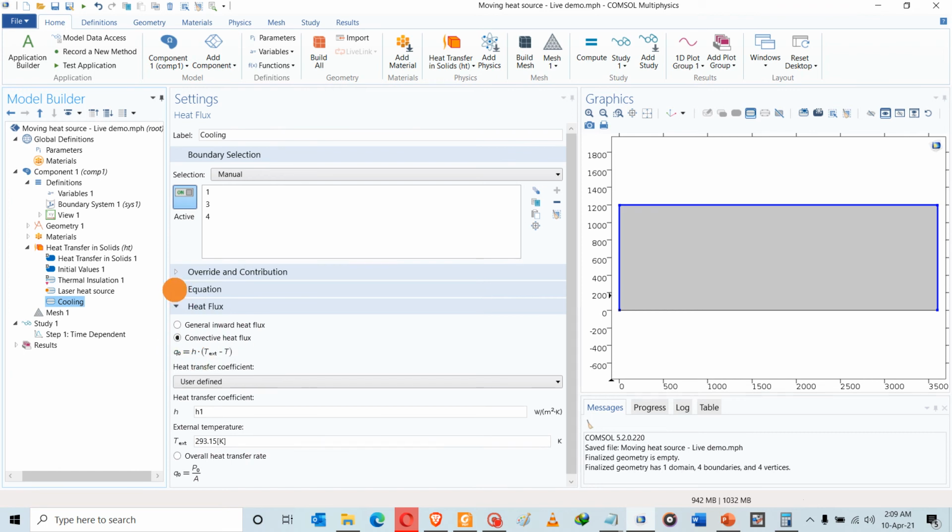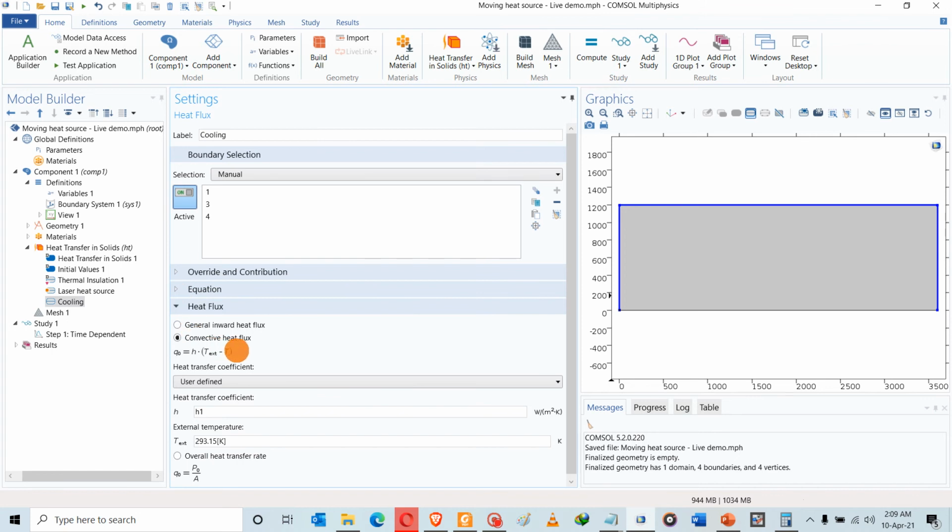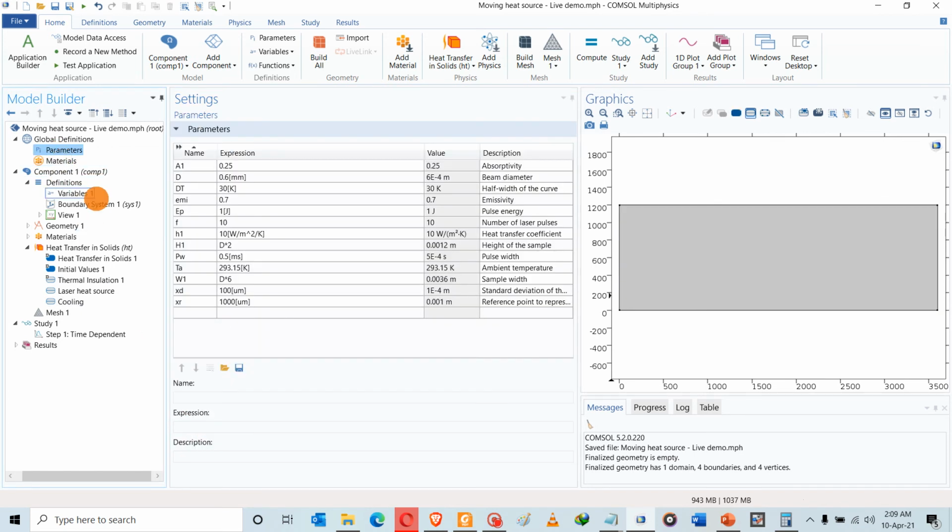The beauty of COMSOL Multiphysics is that it has all the equations here, and you won't have to be guessing what the equations are. There's a general heat flux there, a heat transfer coefficient, and an external temperature, we called that TA, which is under parameters, there, TA.